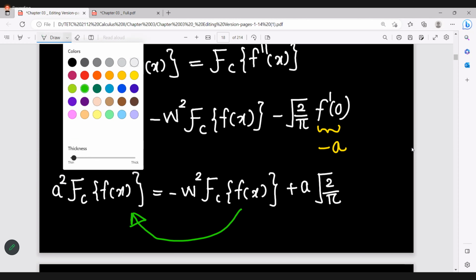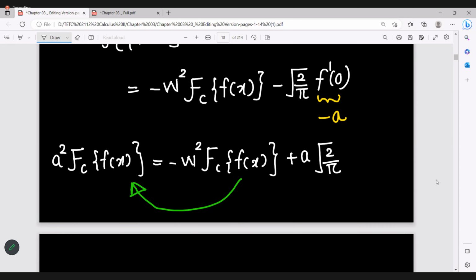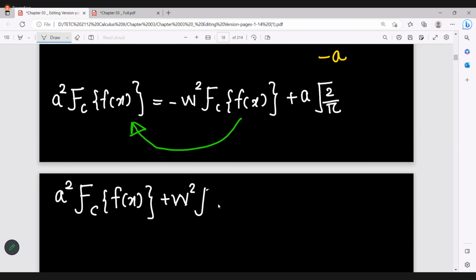So let's see. Now we are going to bring this term into this side. Then we will obtain a squared Fourier cosine transform of f of x. What happened? Is it still minus? So it will become plus w squared Fourier cosine transform of f of x.